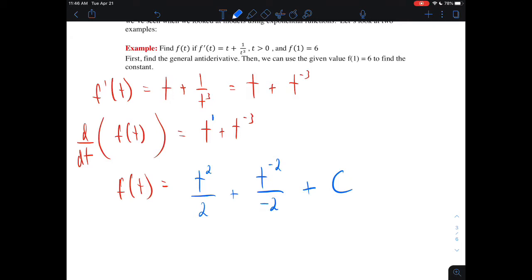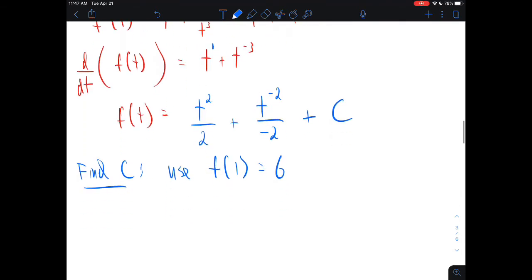Now that we have that, we can use the given value f of 1 equal to 6 to find the constant. So we're going to find c. So we'll use f of 1 equals 6, which means plug in 1 for t. So we would have f of 1 on the left, and then 1 squared, which is 1 divided by 2, plus 1 to the negative 2 is still 1 divided by negative 2, and then plus c.